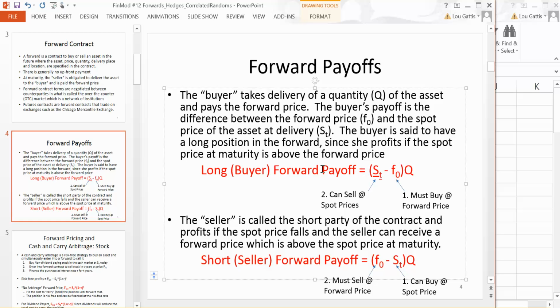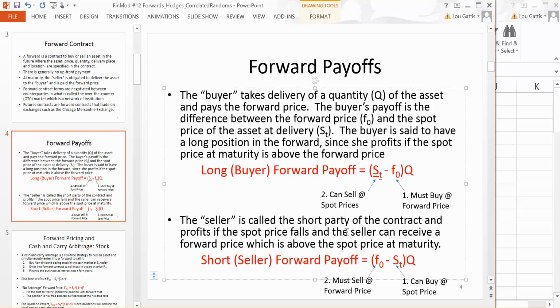We say the payoff of a long party at maturity of the contract is (ST minus F) times Q. The long party is contractually obligated to pay the forward price. They can then take delivery of the asset, pay the forward price, and sell it into the spot market. And they make money if the spot price at maturity is greater than the price they agreed to pay, F0.